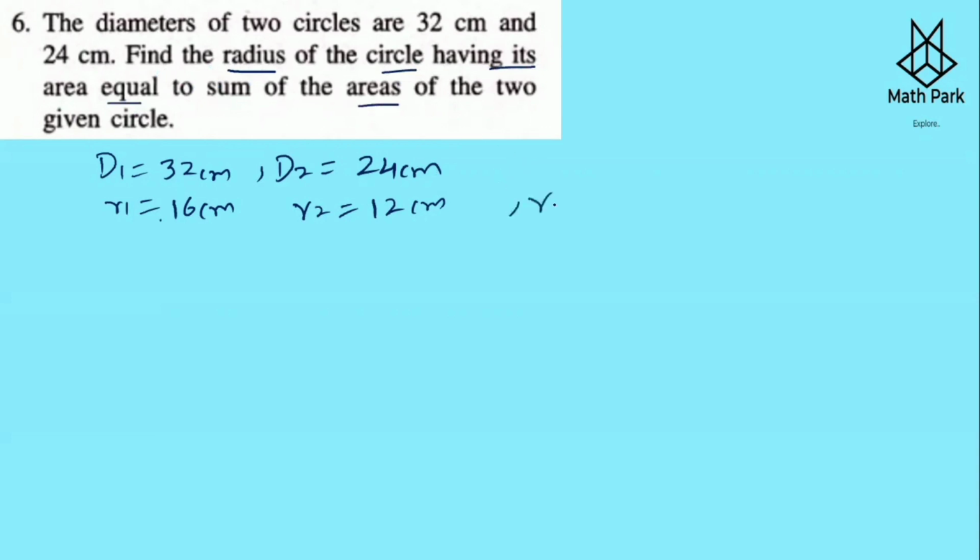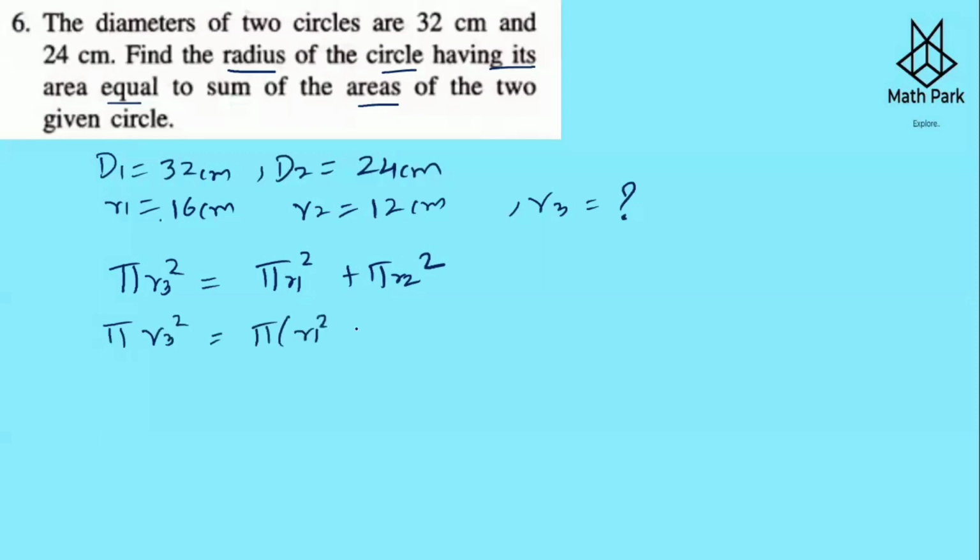According to the condition, pi r3 square is equal to pi r1 square plus pi r2 square. So sum of the areas is equal to the area of the third. Let us take pi common. This pi gets cancelled. We have r3 square is equal to r1 square plus r2 square.